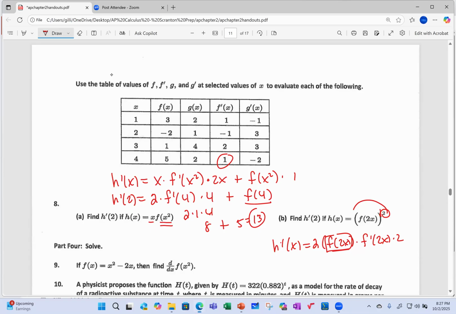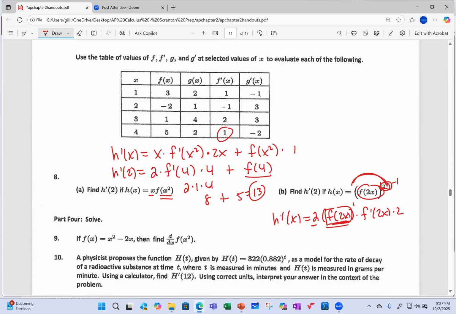So you box the outside, circle the inside, drop down the power, repeat f of 2x, decrease that power by 1, and the derivative of the inside is another chain rule, f prime of 2x times 2. And then just replace x with 2, and it looks like this here.